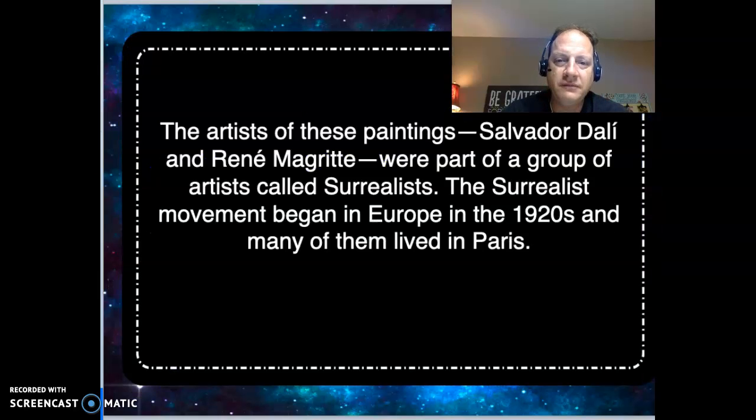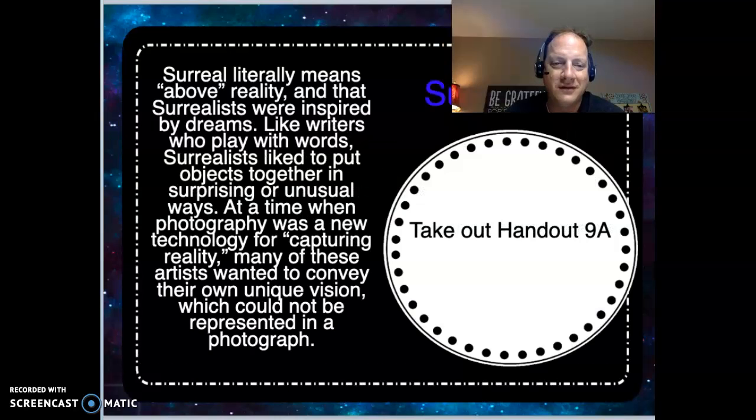The artists of these paintings, Salvador Dali and Rene Magritte, I believe I'm pronouncing those names right, were part of a group of artists called Surrealists. The Surrealist movement began in Europe in the 1920s, and many of them lived in Paris. So you can ask your art teacher, what does it mean to be surreal? Surreal literally means above reality, and surrealists were inspired by dreams.